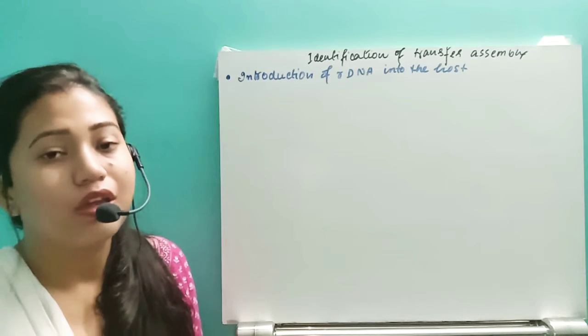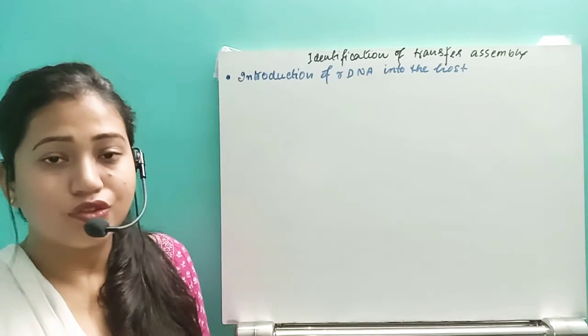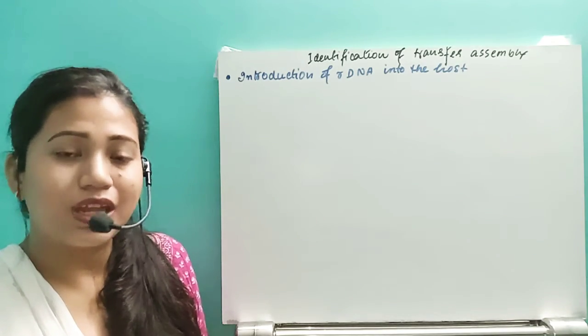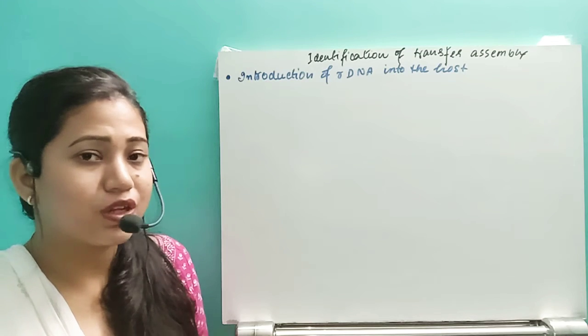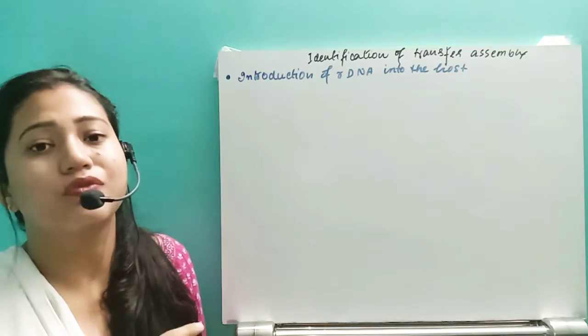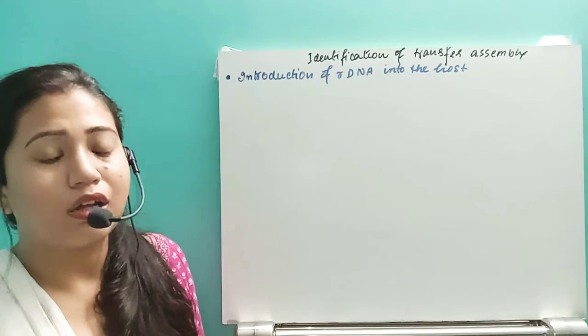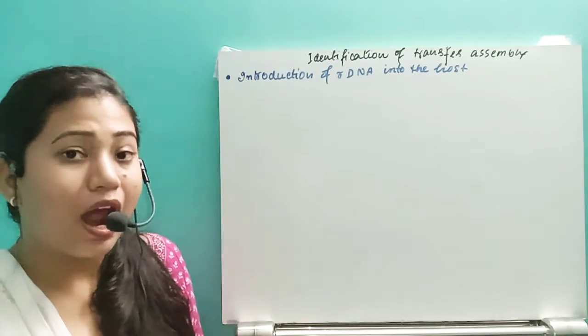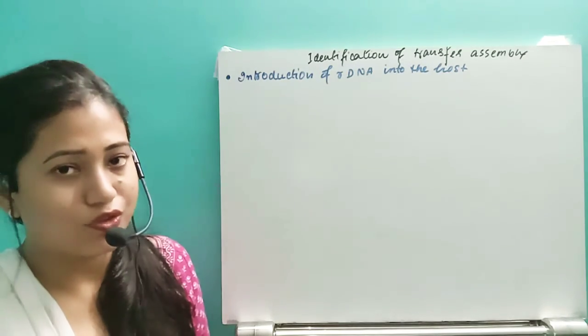With the help of the vector. So first of all, we will collect the vector. We will cut it with the same restriction endonuclease we used to cut the desired gene fragment. Then the desired gene fragments will be introduced into the vector, making it an rDNA, and that rDNA will be inserted inside the host body.